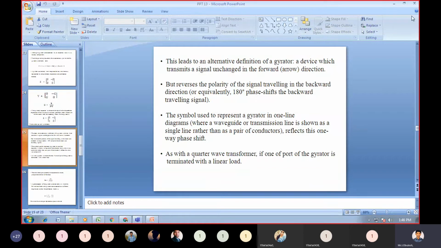As with a quarter wave transformer, if one port of the gyrator is terminated with a linear load, then the other port presents an impedance inversely proportional to that of the load.